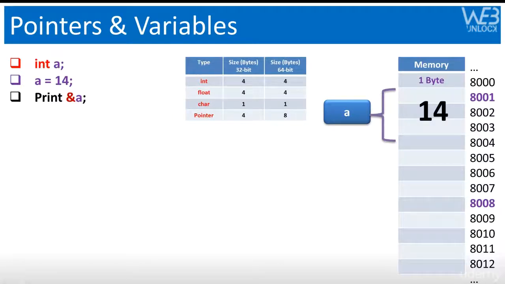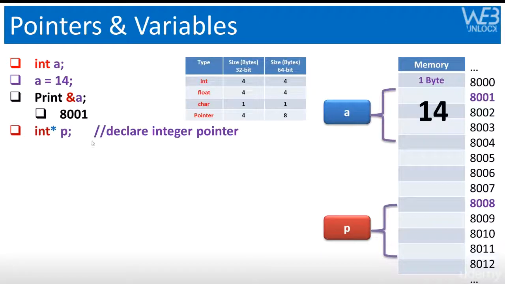If we say print the address of A, you're going to get back the location of A in memory, which is 8001. Now let's declare a pointer to integer. So we say P is a pointer to integer, integer star P. The minute you declare a pointer, it's going to take up some memory space in here. Let's just assume it's very close to our A variable. So it's going to, for example, be at 8008. And since it's a 32-bit system, it's going to be a 4-byte pointer.